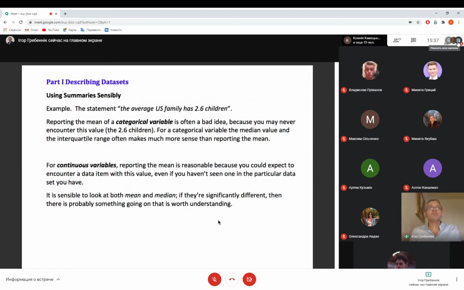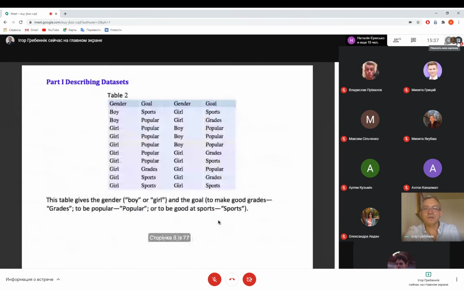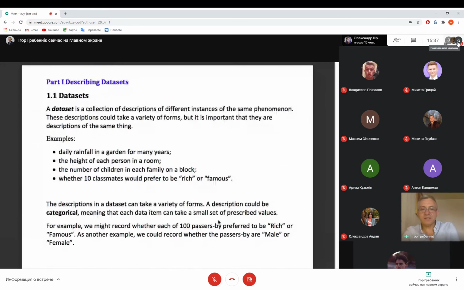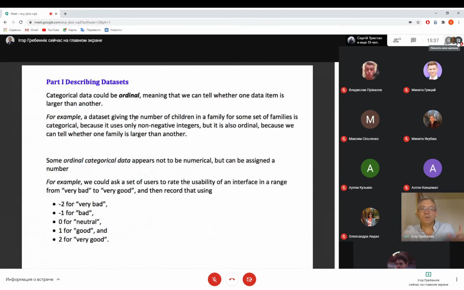We considered categorical data, and I should remind you, some examples, ordinal data, which may be ordered.